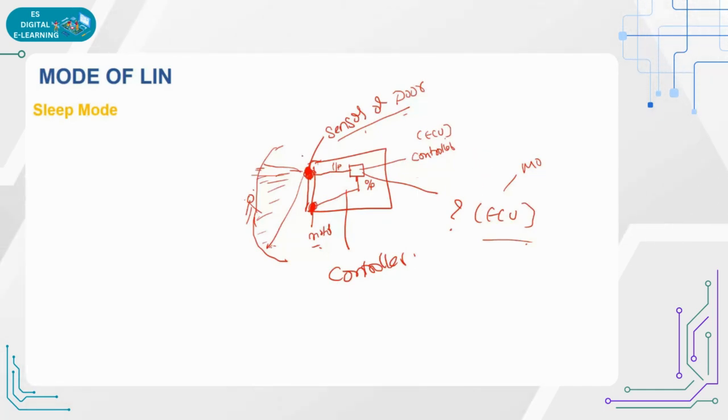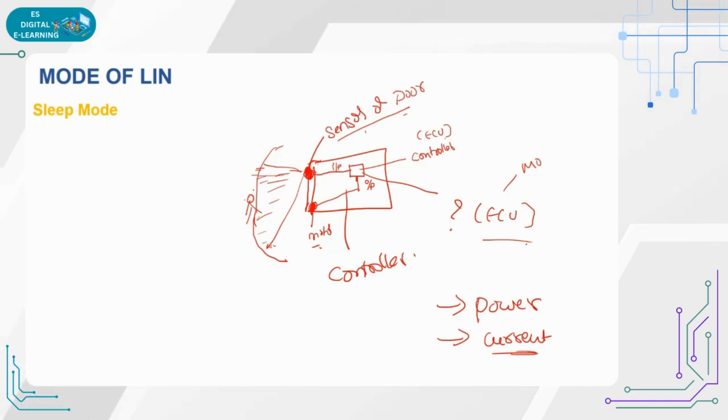Whenever they need to send data, they start communicating and work efficiently. During that time it won't utilize power or current. Whenever the sensor or motor is working, the current draw will be there, since it requires some power to rotate the motor or sense the information, and to push or send data. Only then it should work. Otherwise it will be in sleep mode.